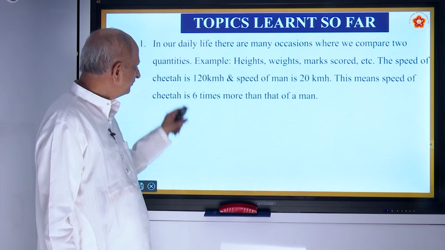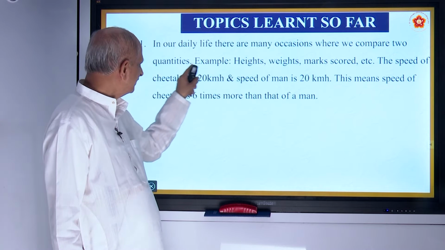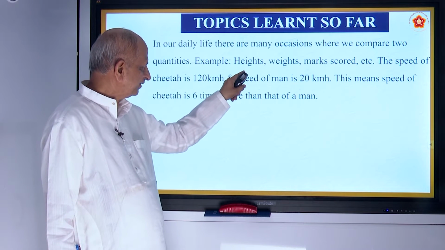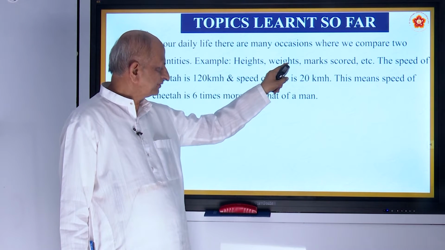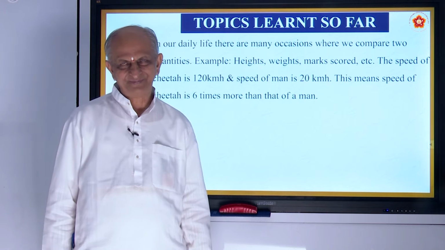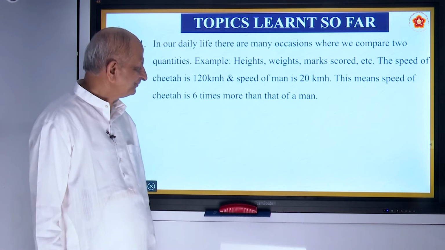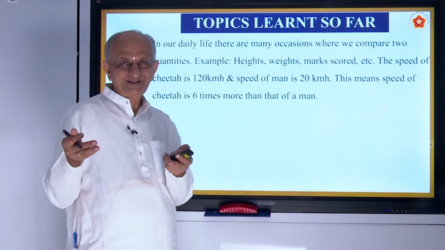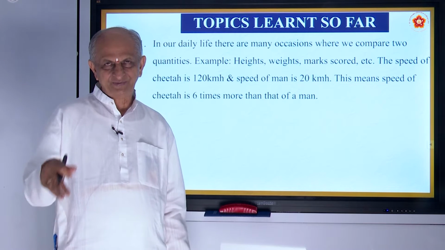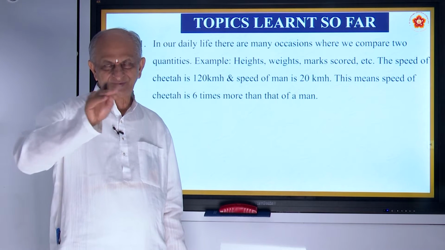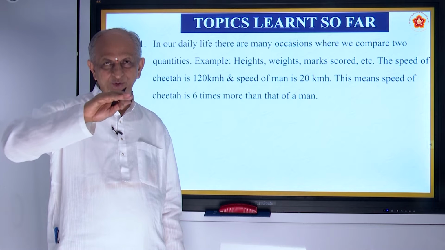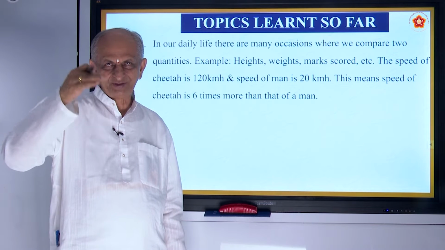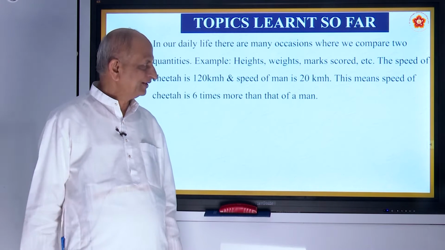So in daily life, there are many occasions where we compare two quantities, heights, weights, marks scored, etc. Correct? Even in cricket, they compare the scores. If there are two teams, they compare the score at the end of first over, second over, third over, 20th over, like that.